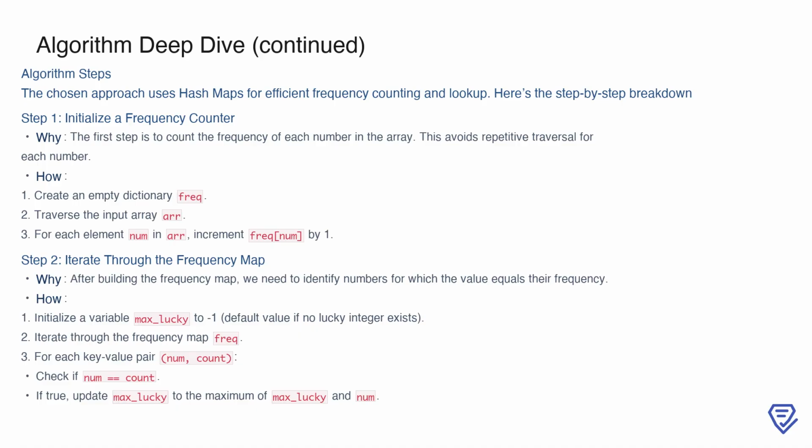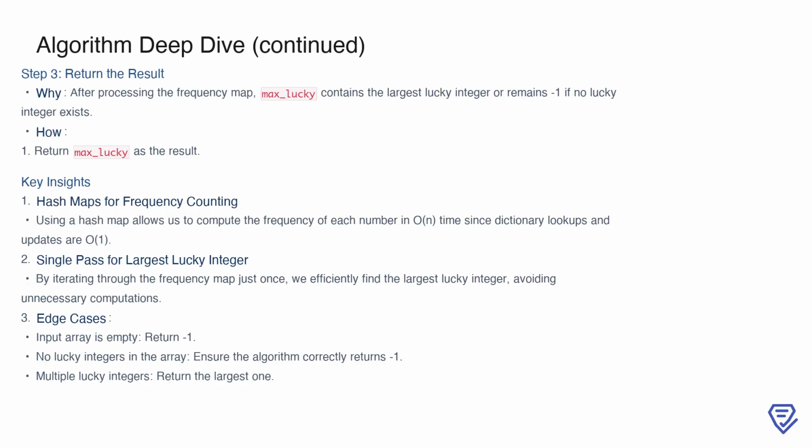For each pair, we check if the number equals its frequency. If it does, we update max_lucky to the maximum of its current value and the lucky number. After processing the frequency map, the final step is to return max_lucky. If any lucky integers were found, this variable will hold the largest one; otherwise, it remains -1, which we return as the result.